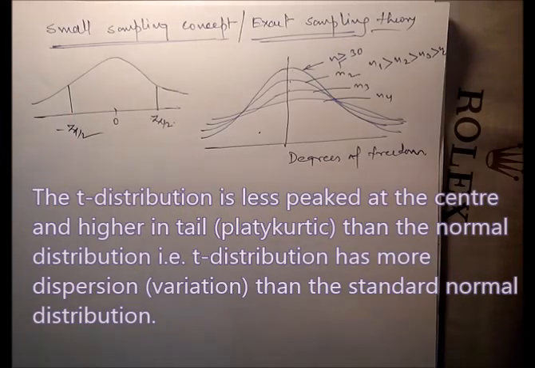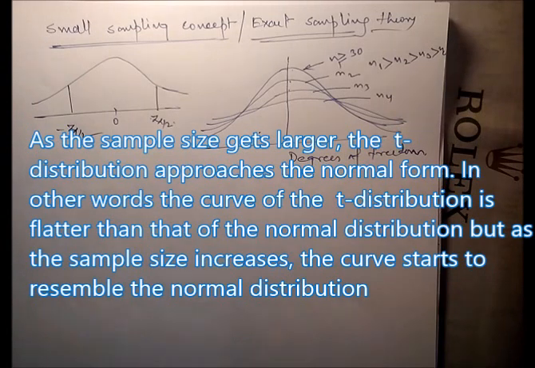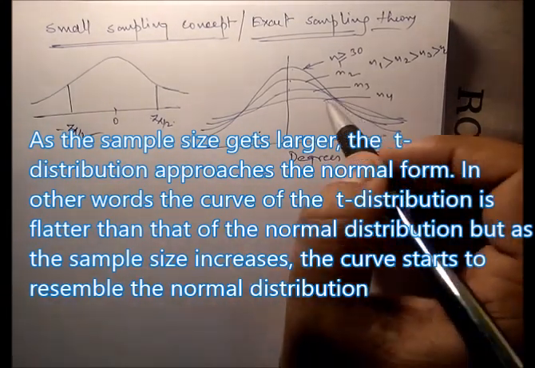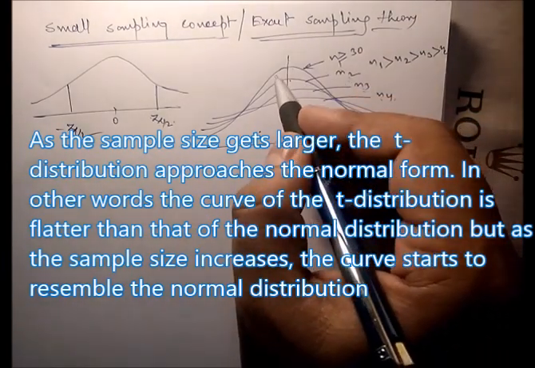As the sample size n gets larger, the t distribution approaches the normal form. In other words, the curve of the t distribution is flatter than that of the normal distribution, but as the sample size increases, the t curve starts to resemble the normal distribution. So if n increases, the thickness of the curve will also increase.